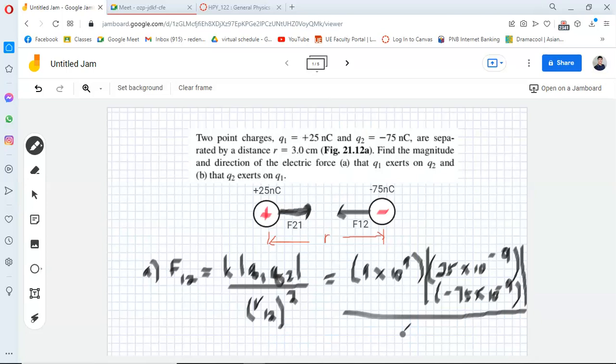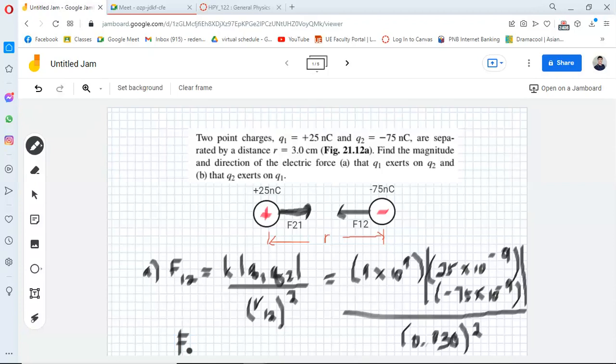So again, kailangan natin kunin yung SI unit, which is 0.03. Kasi ang 3 centimeters is converted as 0.03 meters. Then, don't forget the square in the upper part. Okay, so yan na. I-plug in na lang natin sa ating calculator.